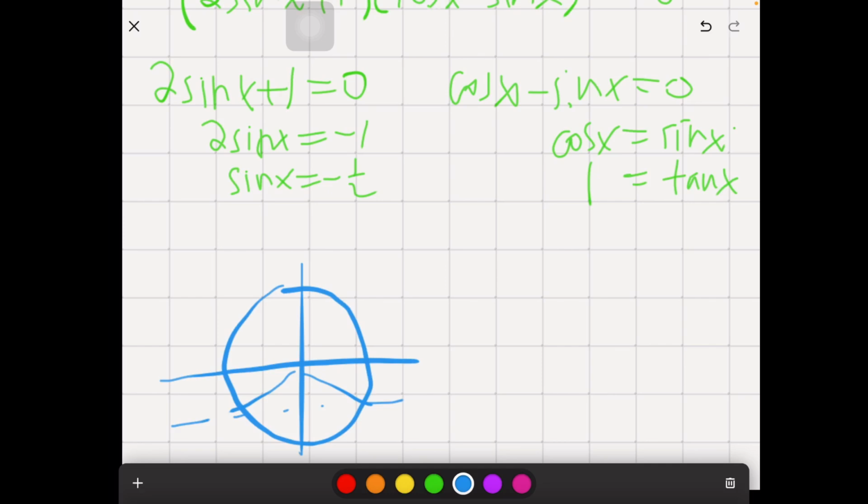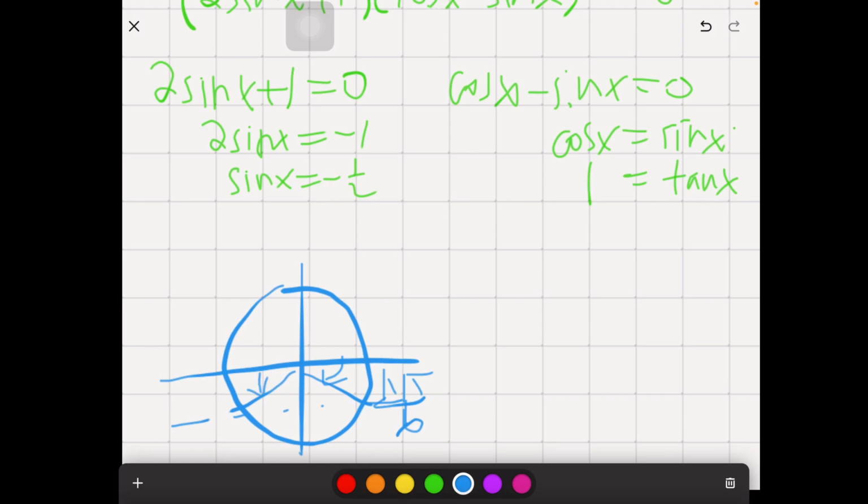So this would be 11 pi over 6, because the total of one rotation would be 12 pi over 6, and if you go back pi over 6, then you have 11 pi over 6.